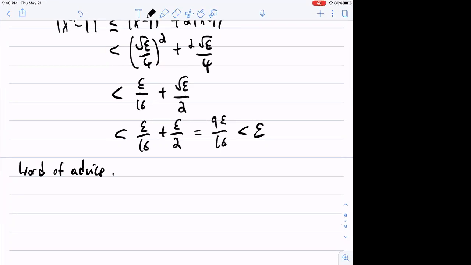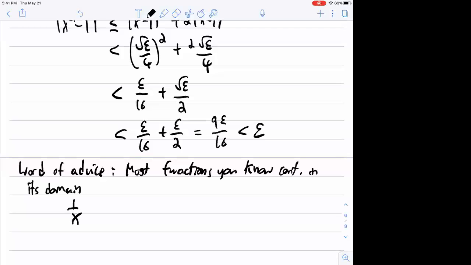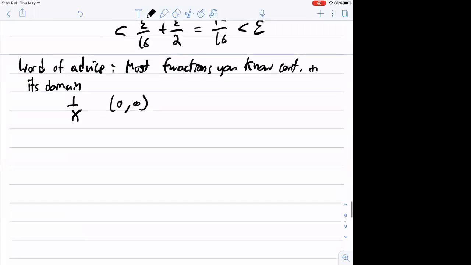So even though 1 over x is not continuous at 0, 0 is not in the domain of 1 over x, right? The domain of 1 over x is 0 to infinity, and it's certainly continuous there. And then let me just say something for the sequence definition.